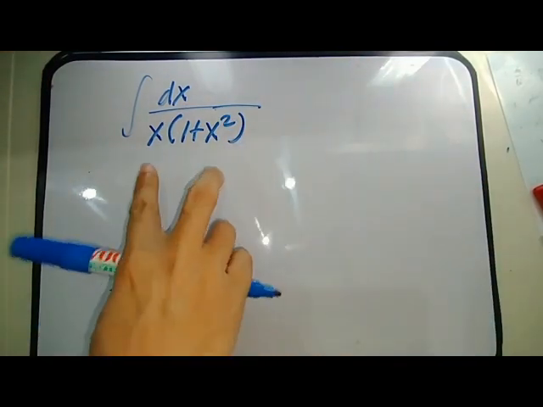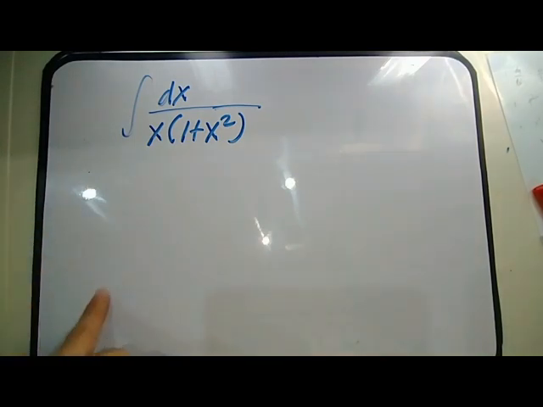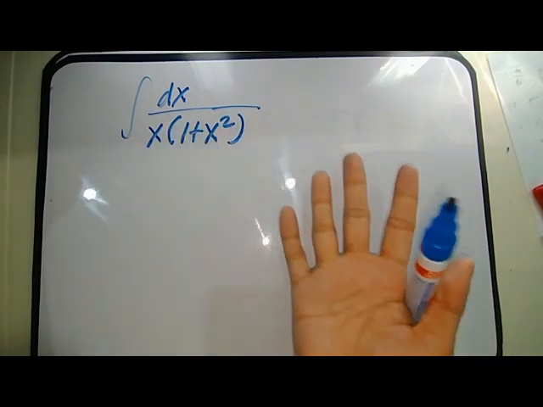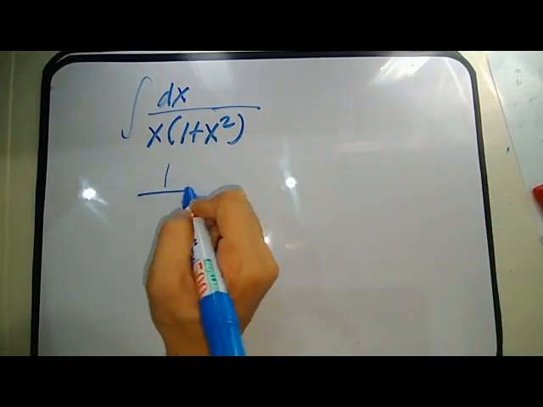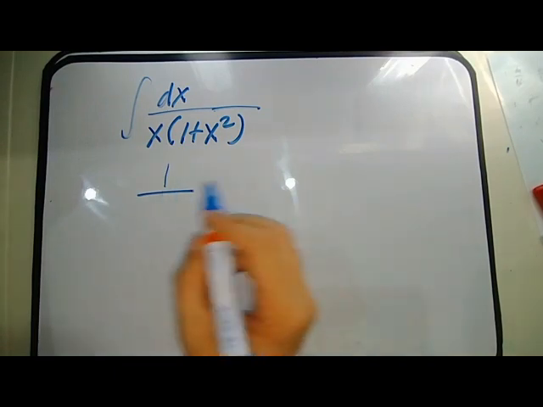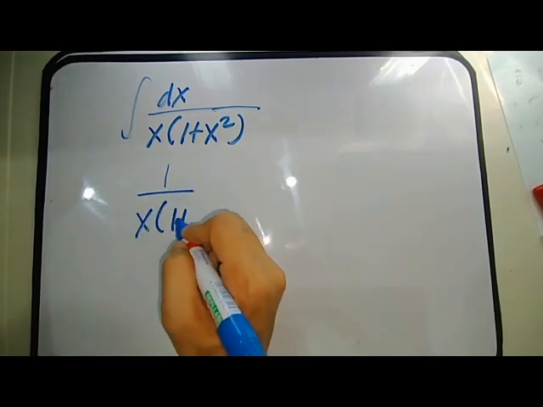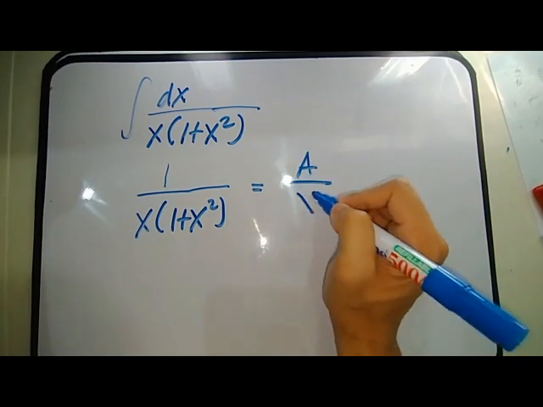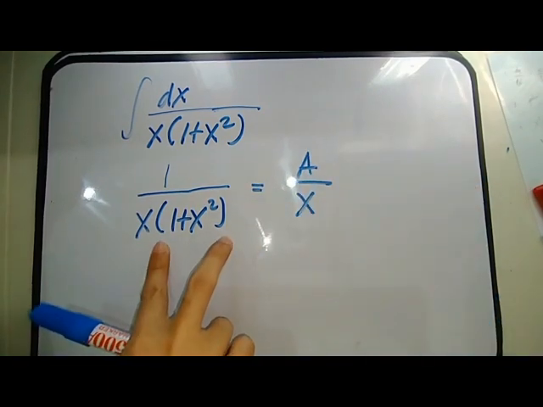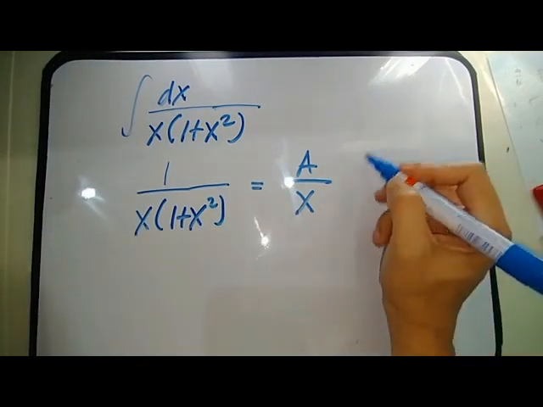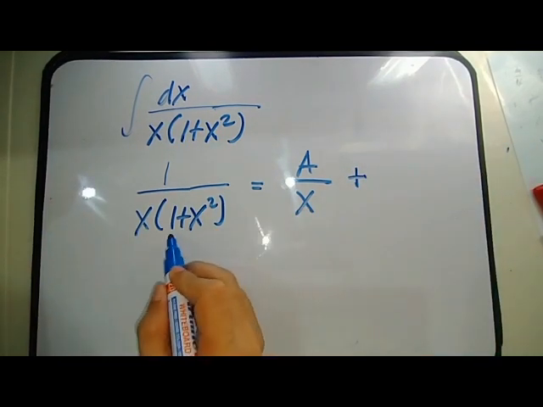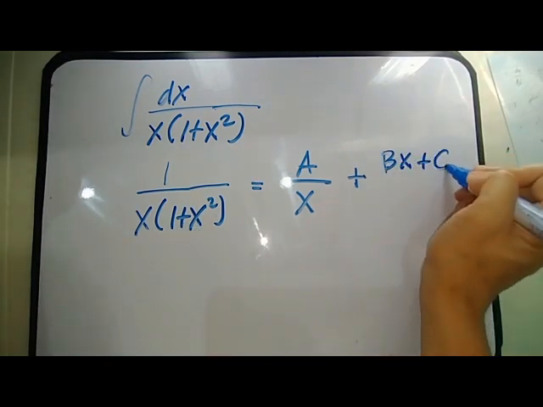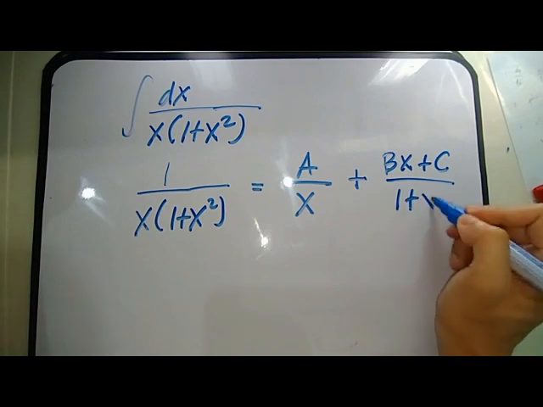In this case, guys, we must separate this into partial fractions. So i-recall natin yung pagkuha ng partial fraction. So 1 all over x times the quantity (1 plus x squared) is A all over x plus, so hiwalay natin muna yung LCD niya, ito naka x squared plus 1, so therefore this should be (Bx plus C) all over (1 plus x squared).